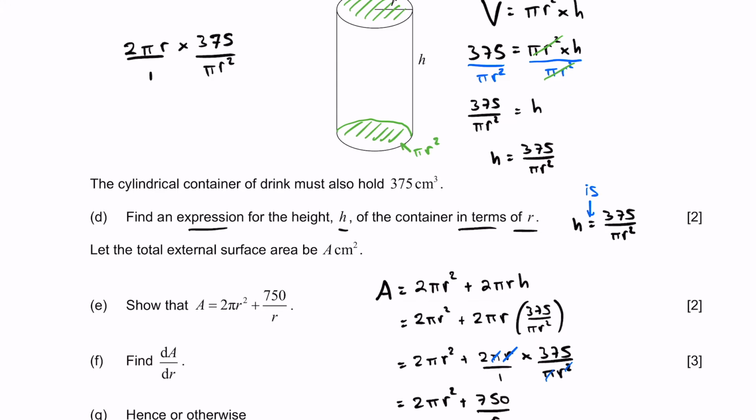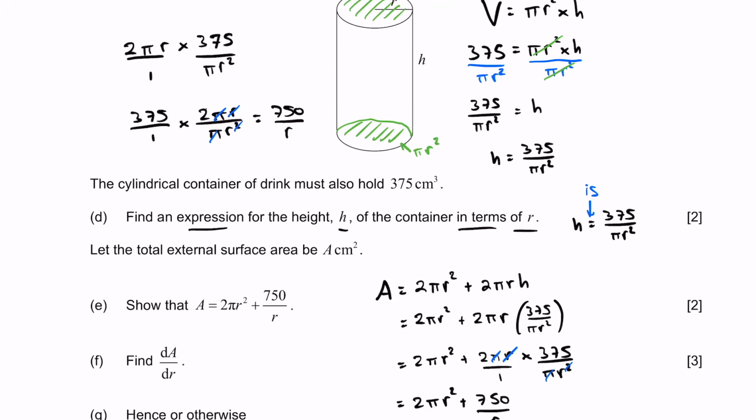I was going to say that when we multiply the tops and the bottoms, we could rearrange these terms and put 375 over 1 times 2 pi r over pi r squared, and that would make it a little easier to see how we can cancel out and then wind up with this 750 over r.